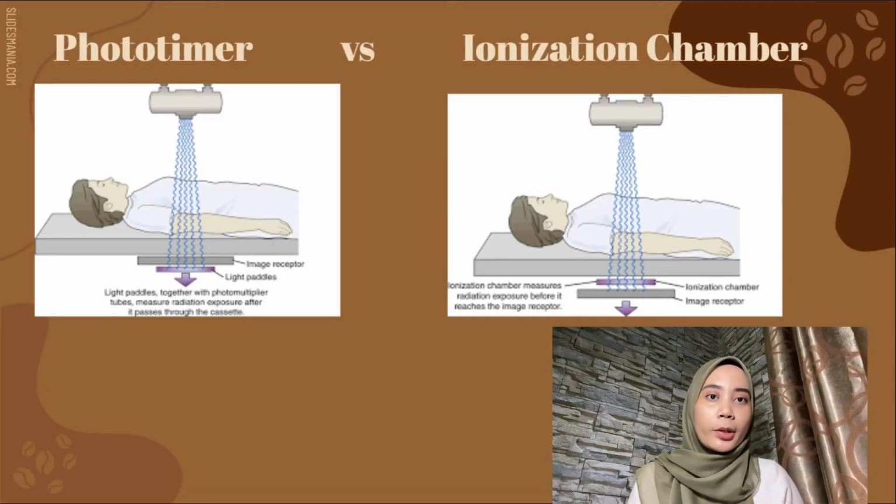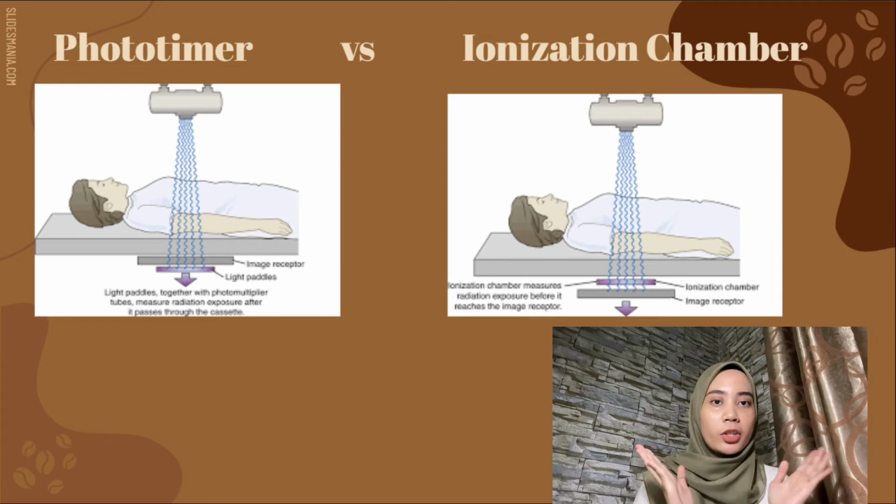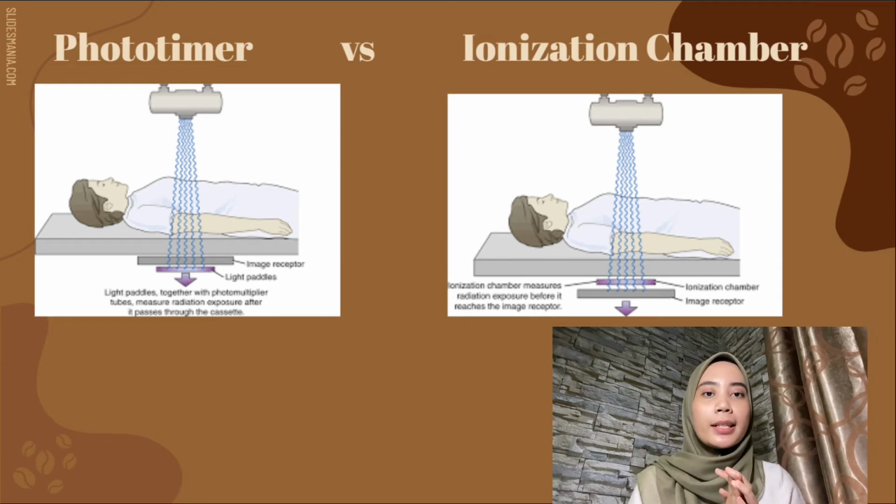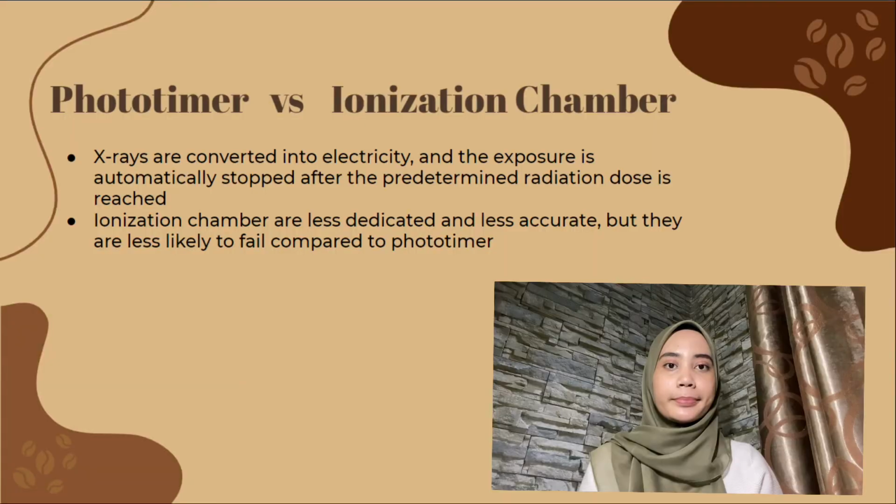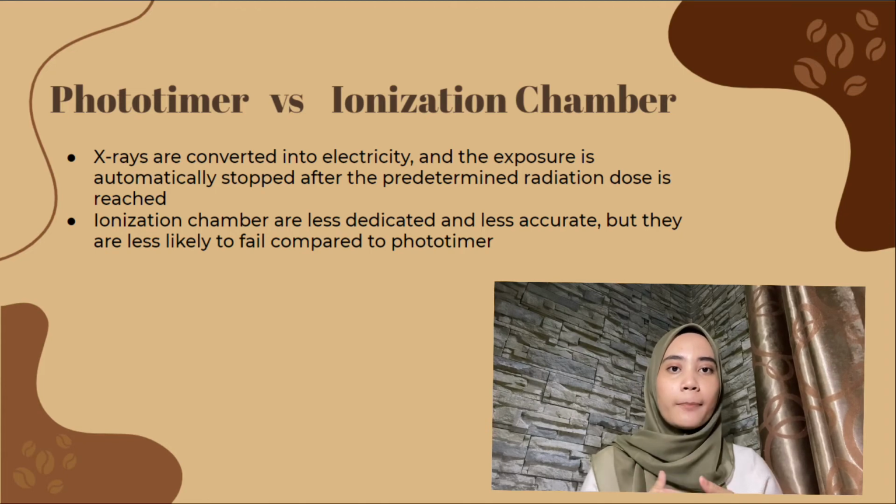Alright, now let me look at the difference between the phototimer and ionization chamber. As you can see, here is the example, and I hope that it can help you to understand more about the concept of this radiation detector. The most common similarity between these two is that the X-rays are converted into electricity and the exposure is automatically stopped after the predetermined radiation dose is reached.